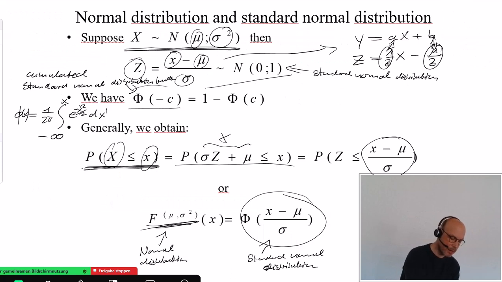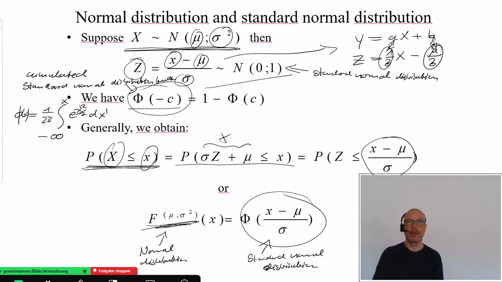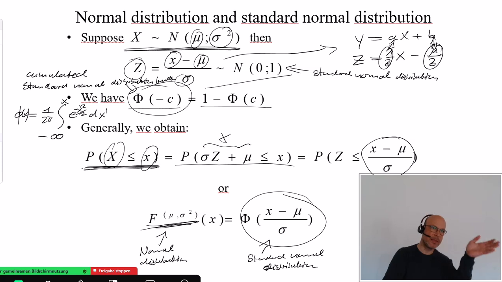And for this, then, we have to look in our table for the probability of z smaller than minus 2.5. And for this, we can use the aspect that the standard normal distribution is symmetrical around the origin.